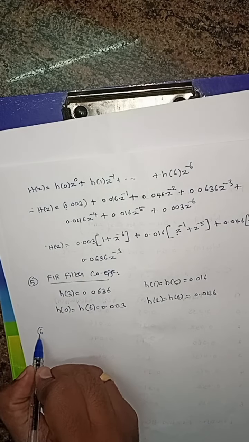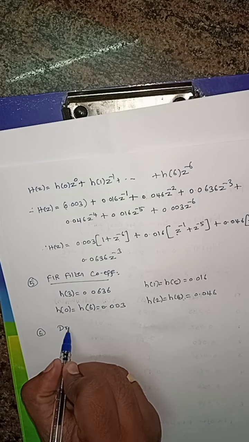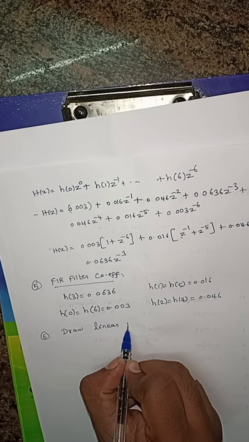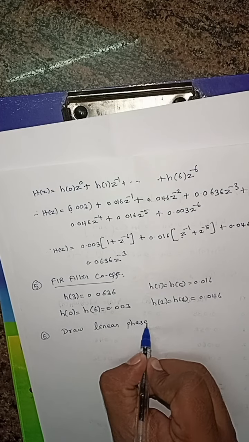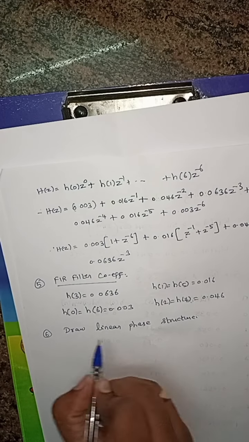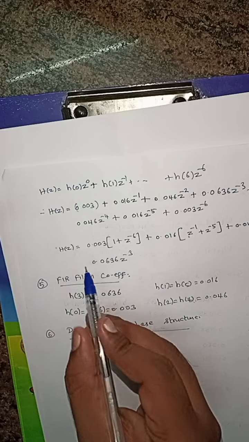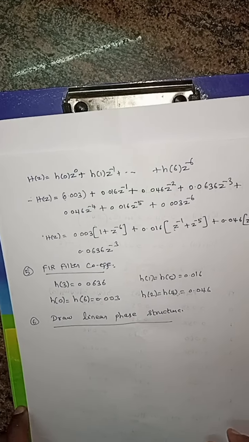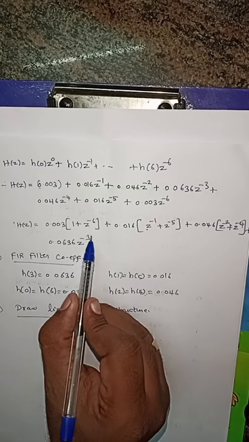And the sixth step is we have to draw the linear phase structure. So this is the final step in this problem. Already we found the transfer function of the digital FIR filter. So here the maximum power of z inverse is 6.